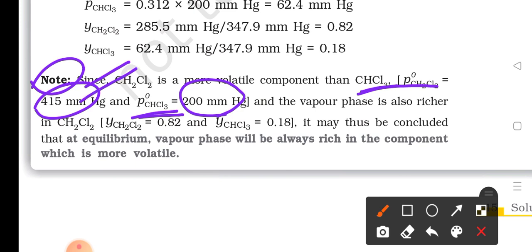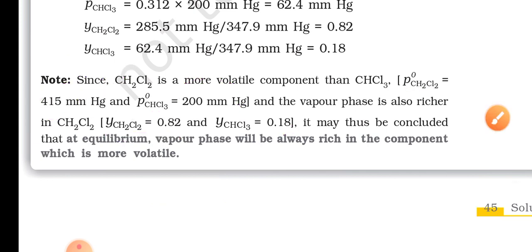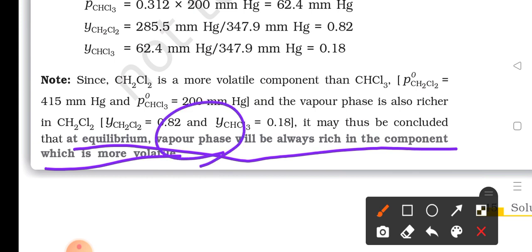Since the vapor pressure of dichloromethane is more, the mole fraction in the vapor phase of dichloromethane is obviously more. That's why we get the value for dichloromethane more, 0.82, and for chloroform it's less, 0.18. So at equilibrium, the vapor phase will always be richer in the component which is more volatile. That means the liquid which is more volatile has a higher vapor phase mole fraction.